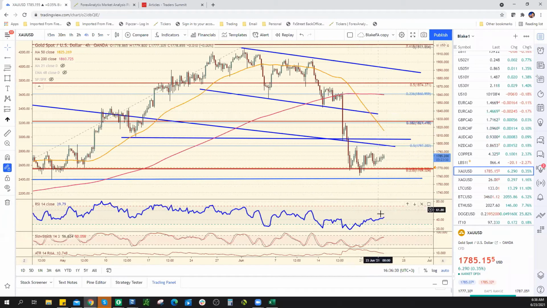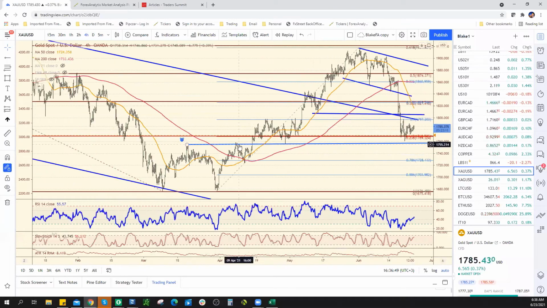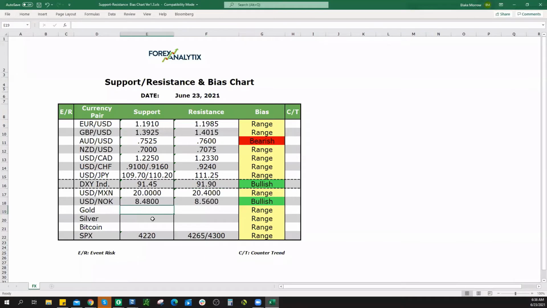Given the fact that gold is just not responding to dollar weakness, I think if you're long gold, you're probably wondering what the hell is going on. We're just not seeing any movement here. So 1800 is resistance. Really key support right now for gold is 1755. I'm going to put an asterisk at that number. I think it's really important now. I do think we're bearish well below the 200-day moving average.